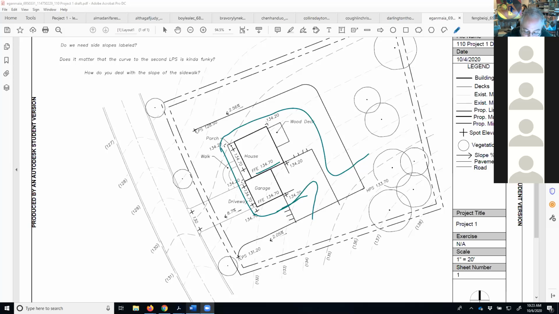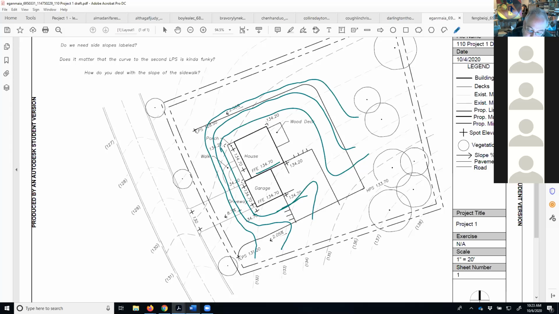So that was the 34 contour, which means the 33 could come up and around. And you're going to see where we're going to have issues here in a minute. The 32 is coming around. Okay, so we're starting to see a swale coming back this direction, and a swale coming down this direction.